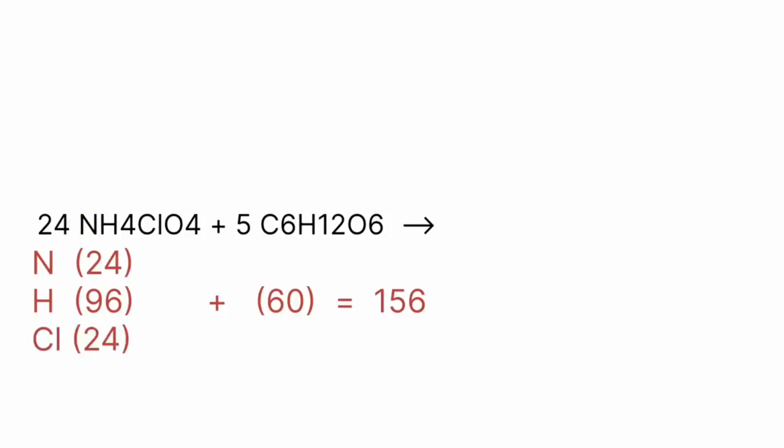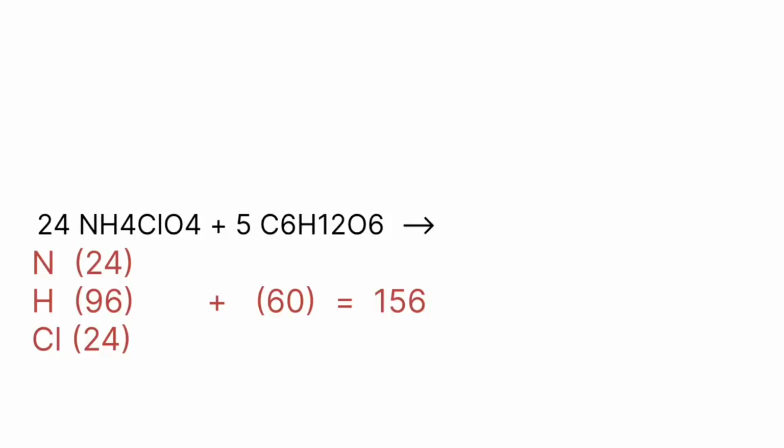Now let's move on to oxygen. So for oxygen in ammonium perchlorate, I've got NH4ClO4. That means I've got 4 oxygens for each ammonium perchlorate. I've got 24 ammonium perchlorates. So that means 24 times 4, 96 oxygens in ammonium perchlorate. Then we're going to go on to the glucose. We've got C6H12O6.